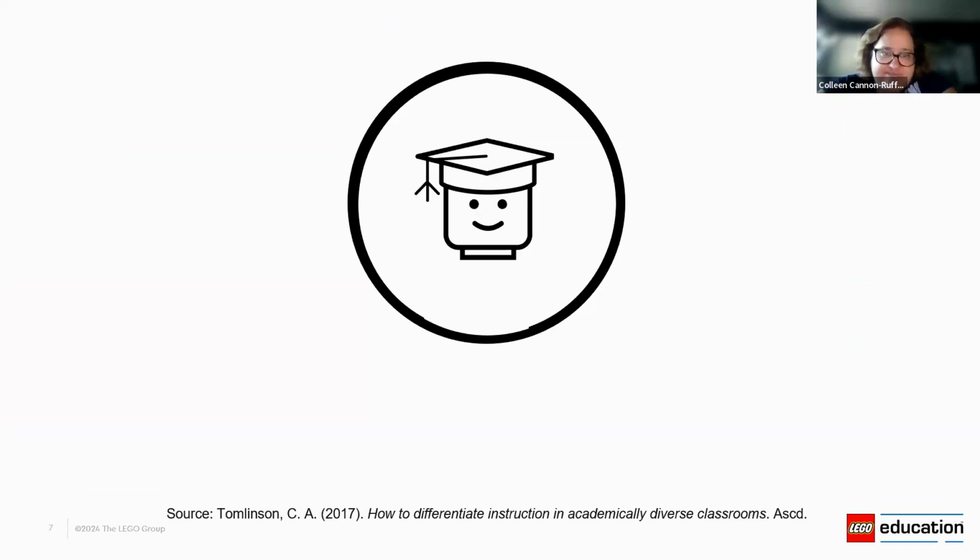According to Tomlinson, differentiated instruction puts students' diverse needs front and center. It allows us to see our classrooms as academically diverse ecosystems where the teacher uses a designer mindset to adjust specific instructional elements to the needs and interests of the students in her classroom.